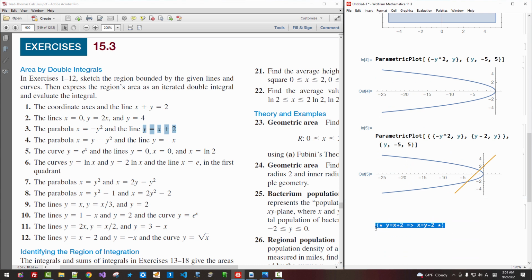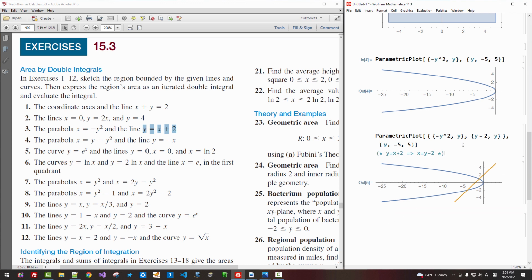I will copy this, cut, and paste it here. Now we want to find the crossing point. Solve. I will copy this. This is comment. Now I put x square in this function like this.